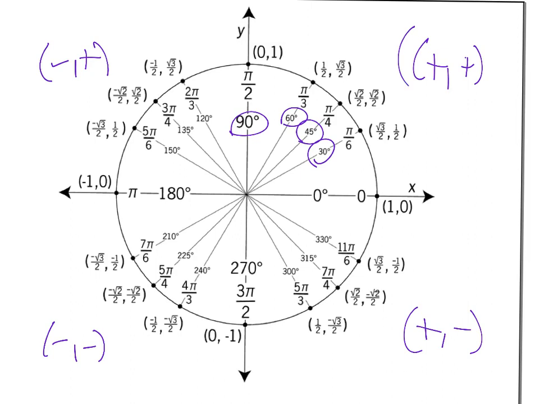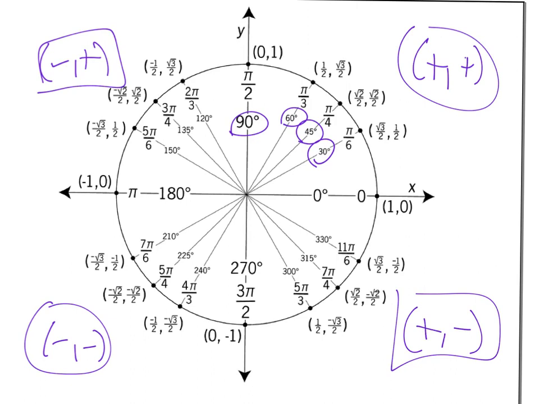So this quadrant, all positive, negative, positive, negative, negative, positive, negative. Okay, so if you want to hit pause for a second, by all means do so, just to fill out your unit circle.